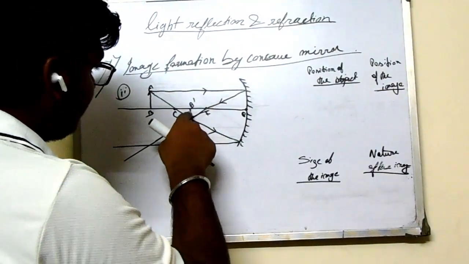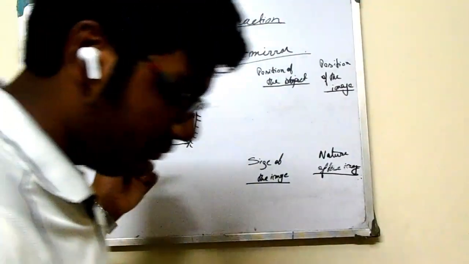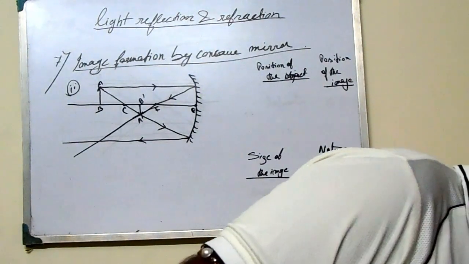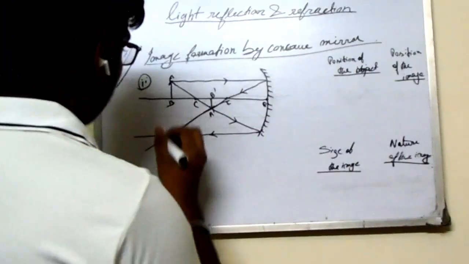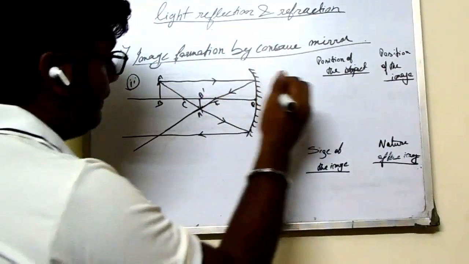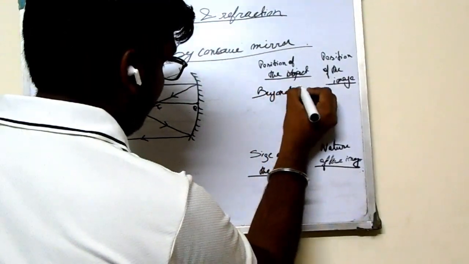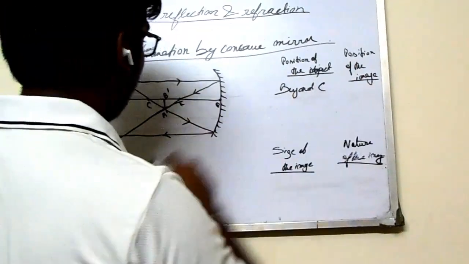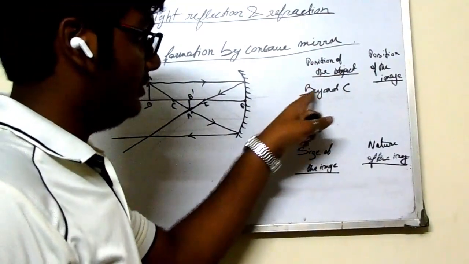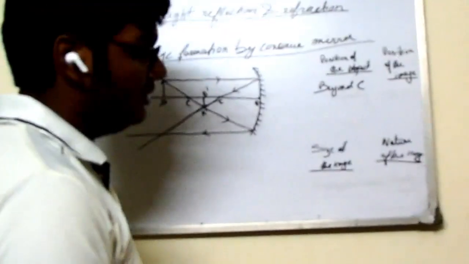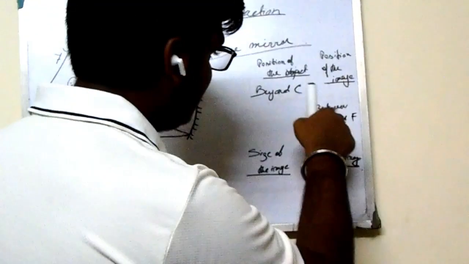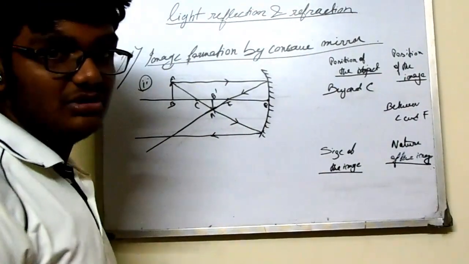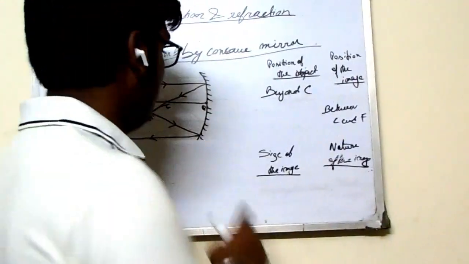So this will be real and inverted. Position of the object beyond C, position of the image where the image is formed, between C and F. Size of the image diminished, not highly diminished, diminished.